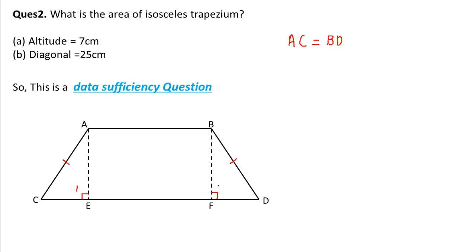If I call this angle 1, this angle 2, then angle 1 is equal to angle 2 is equal to 90 degrees. And clearly AE is equal to BF because both are the altitudes of the same trapezium.